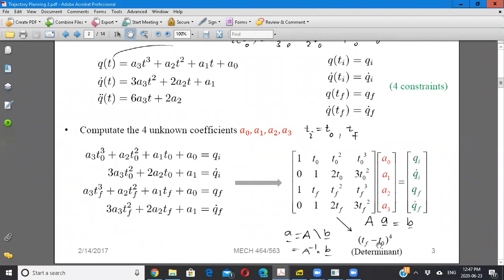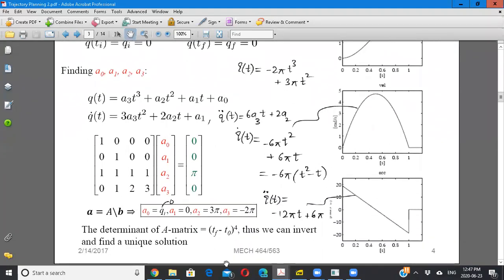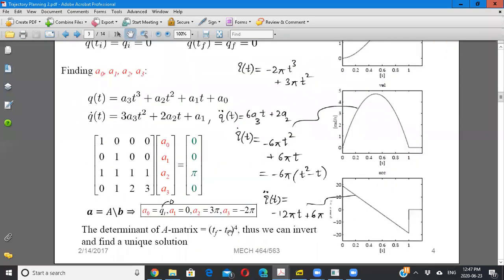This determinant is non-zero, which means the inverse does exist. In this case the determinant is 1, because Tf is 1 and Ti is 0. 1 minus 0 is 1 to the power 4, so it is 1.